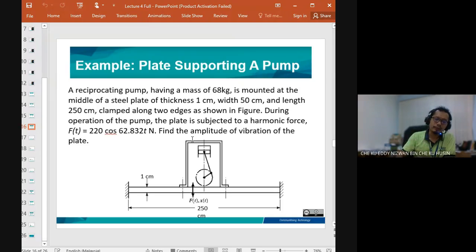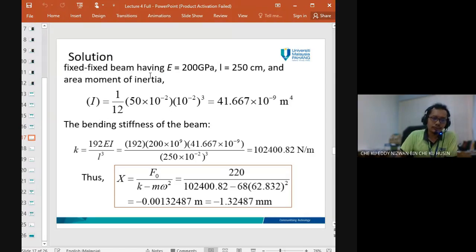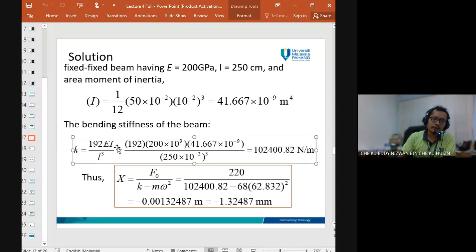It is not directly given, so you have to calculate it based on the geometry of the steel plate under the boundary condition that fits. First, we need to find the stiffness of the beam. This is the general equation for the fixed steel beam.